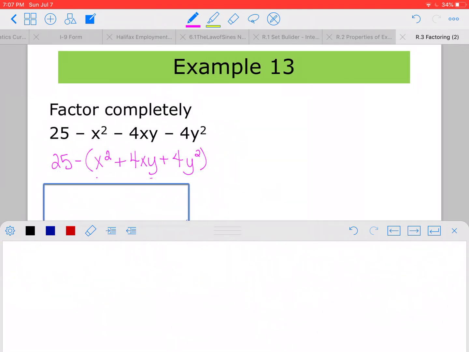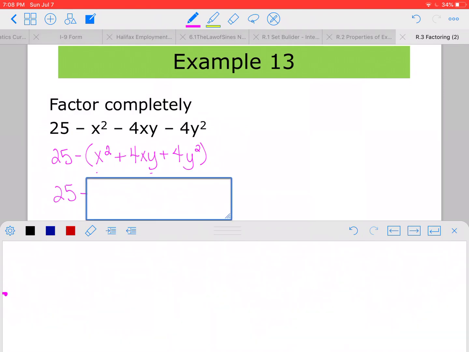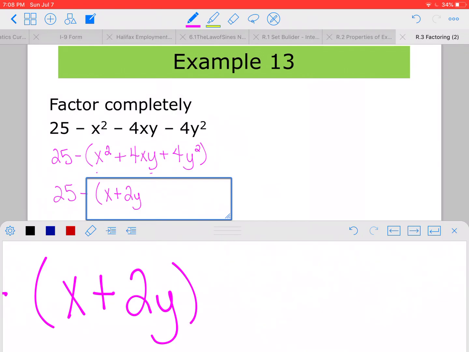So we've got 25 minus the quantity x plus the square root of 4y squared, which is 2y, squared.